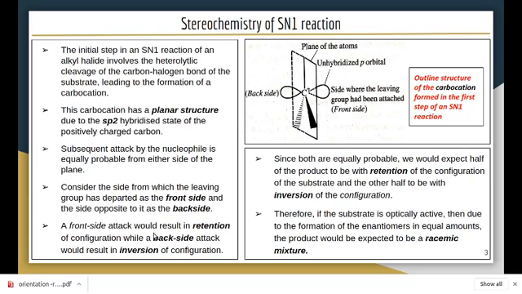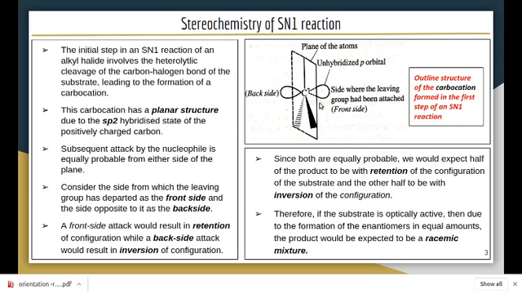A front side attack would result in retention of configuration, while a back side attack would result in inversion of configuration. Front side attack means this is the front side from where the leaving group has departed. So a front side attack would result in retention of configuration.